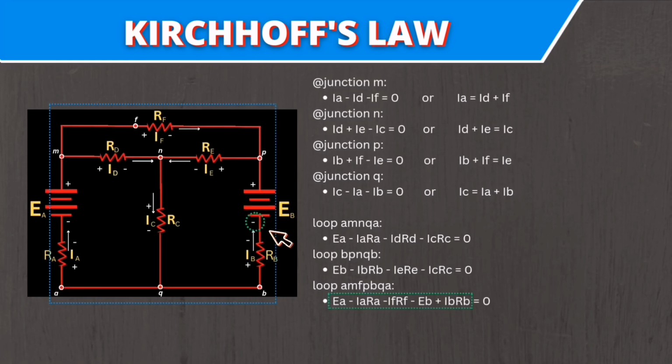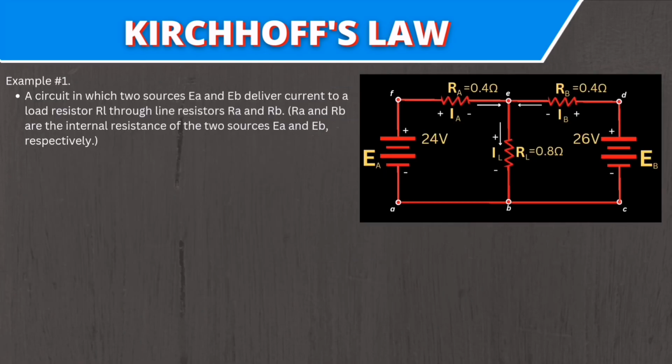And for the source E sub b, the ending polarity with respect to the loop AMFPBQA is negative. So the equation, guys, is written as E sub a minus I sub a times R sub a minus I sub f times R sub f plus I sub b times R sub b minus E sub b. So we go now for several examples.